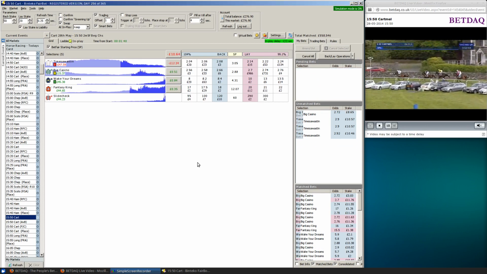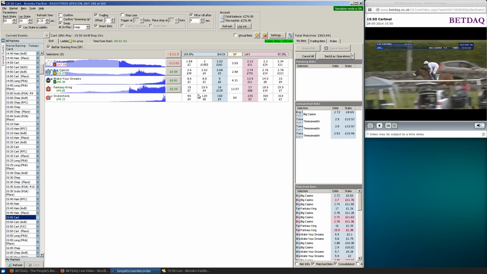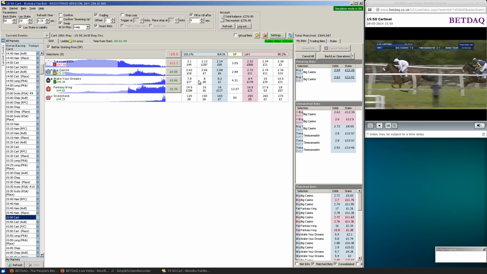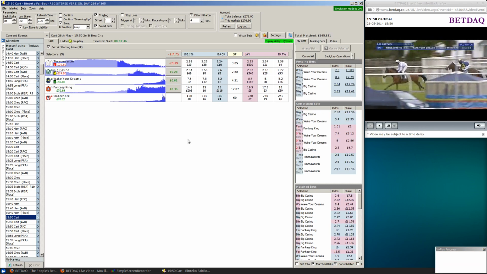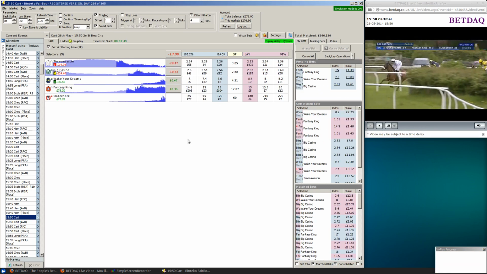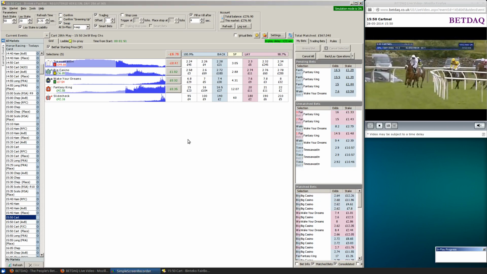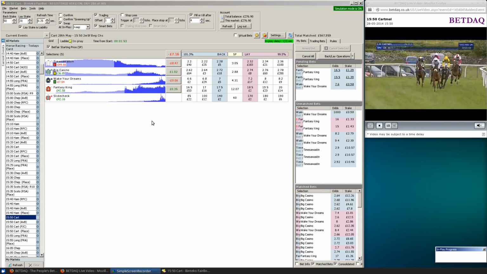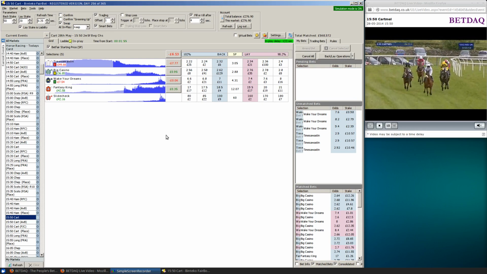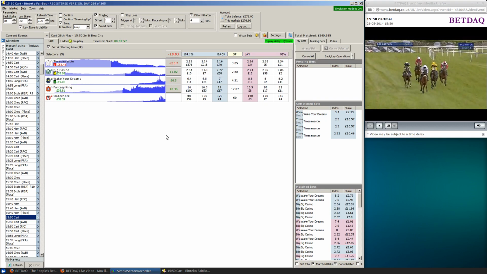But that still doesn't prevent us from nibbling away on the other runners. He is looking strong. So we're 2 minutes in.